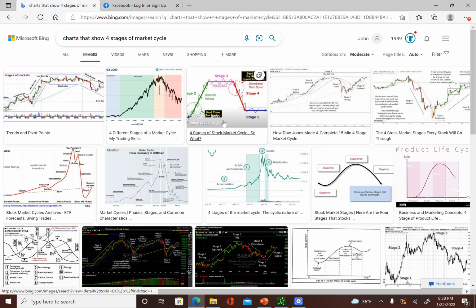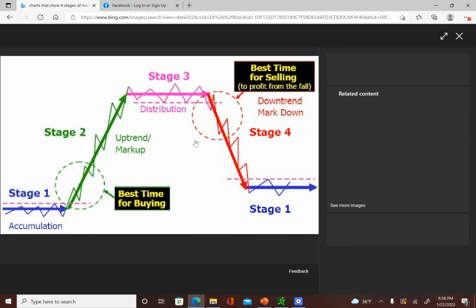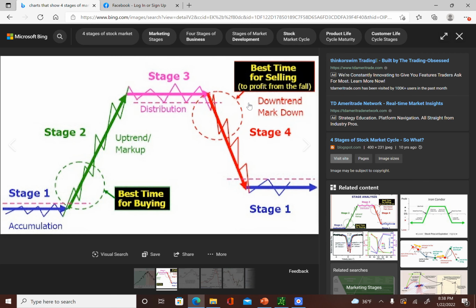So, the 4 stages of the market cycle. This is a cycle that all markets and individual stocks go through. It basically consists of 4 stages, as you see here: stage 1, stage 2, stage 3, and stage 4.